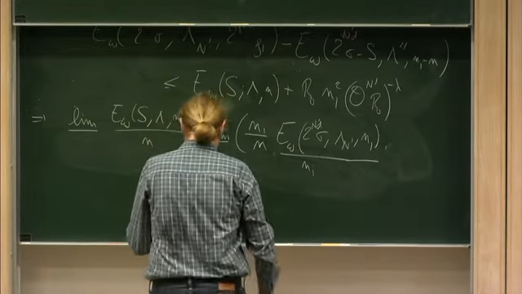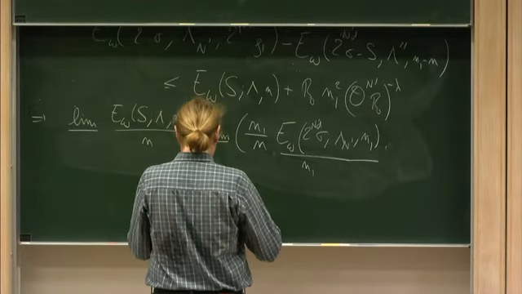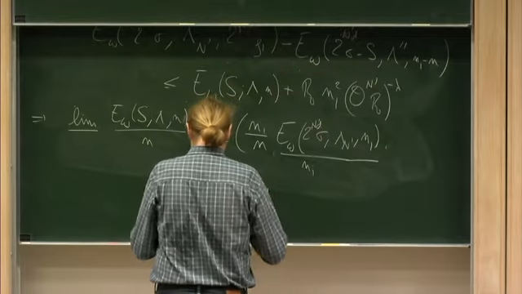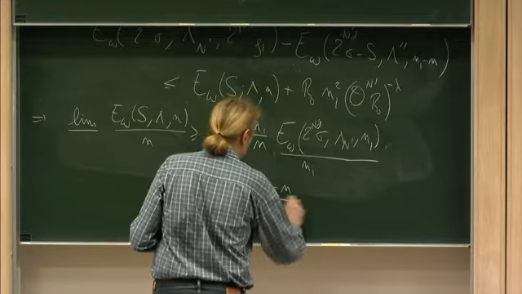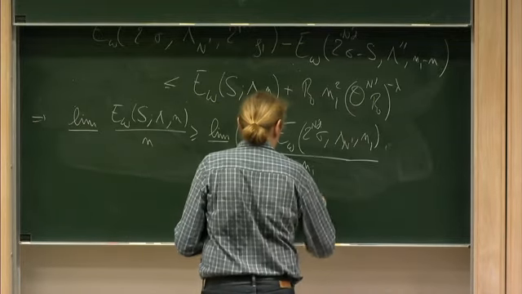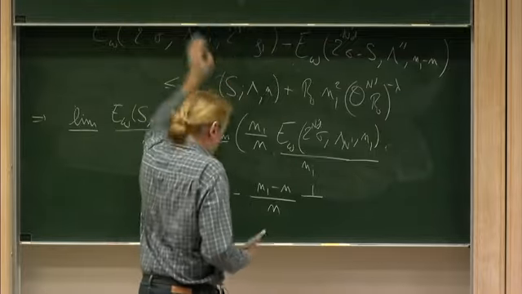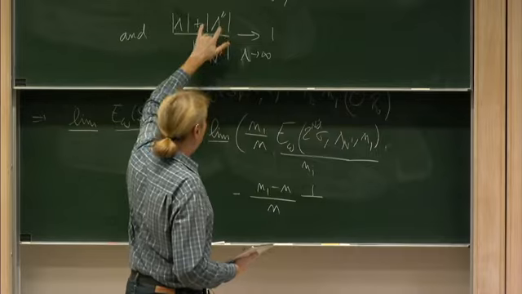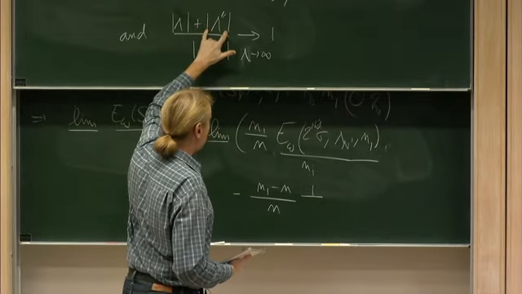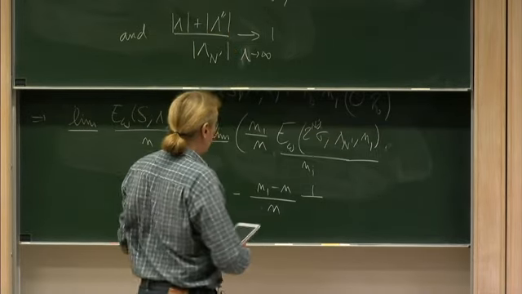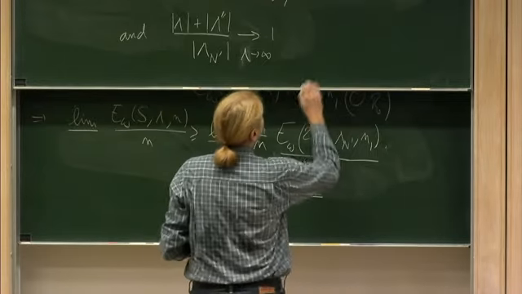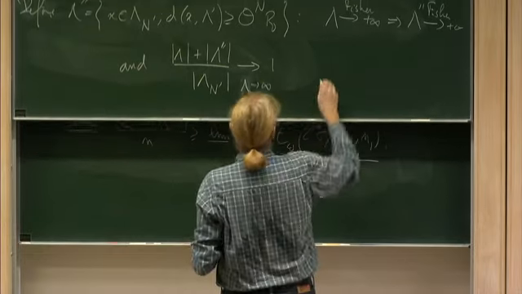We use this formula to replace the number of particles that is inside here, so this one contains n1 minus n divided by n1. Let me call it n2.